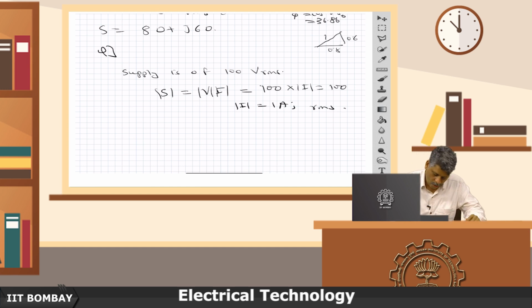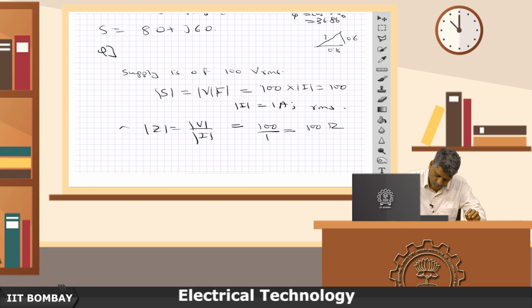So the impedance V by I, I am just looking at the magnitude of the impedance of the load, is equal to 100 by 1, which is the same as 100 ohms. Of course, it is a complex impedance. Impedance is a complex quantity, but I am looking just right now at the magnitude.